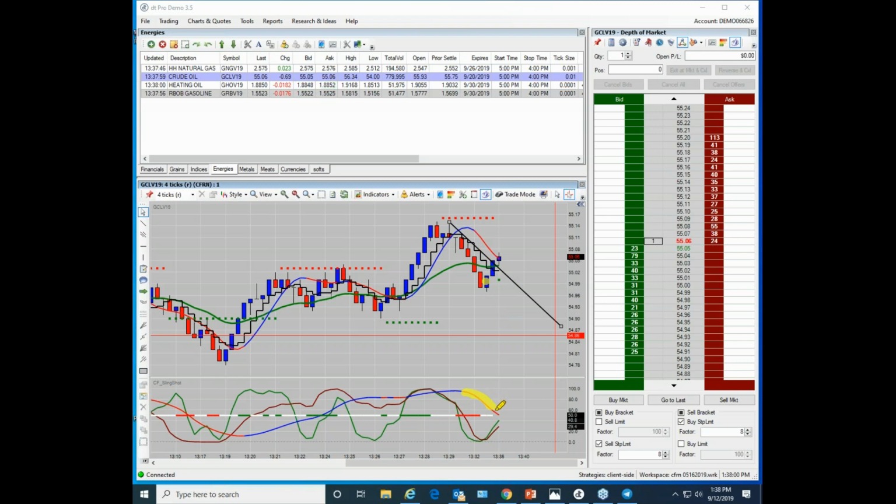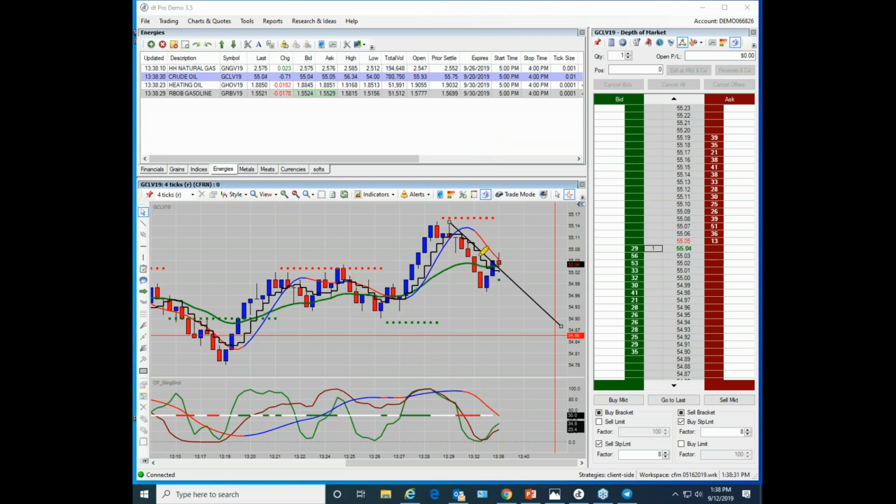Number 1, look at the slope of the cycle. Not only is it red, it's a different color. That means it waters down the probability, but it's also down at a 45-degree angle. That's another disqualifier. When you're faced with a different colored cycle and it's sloping at a 45-degree angle against you, no trade. That's a disqualifier.